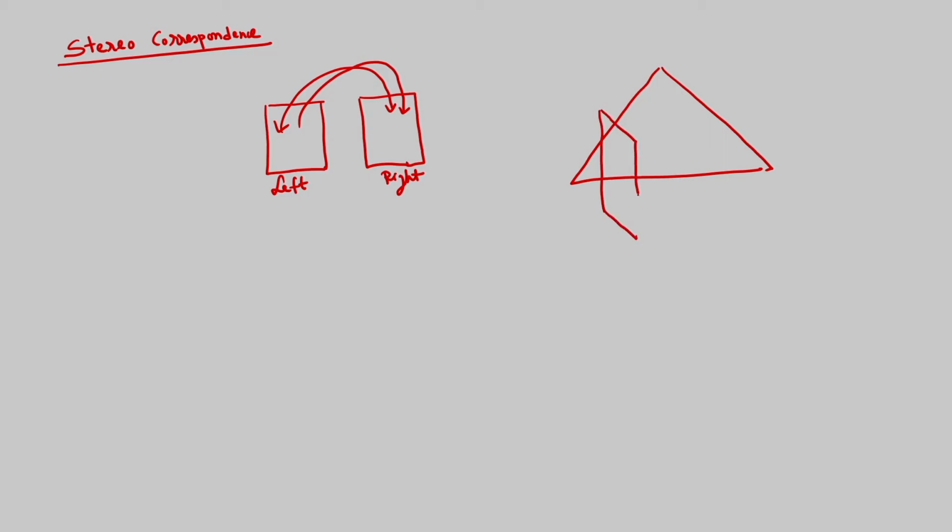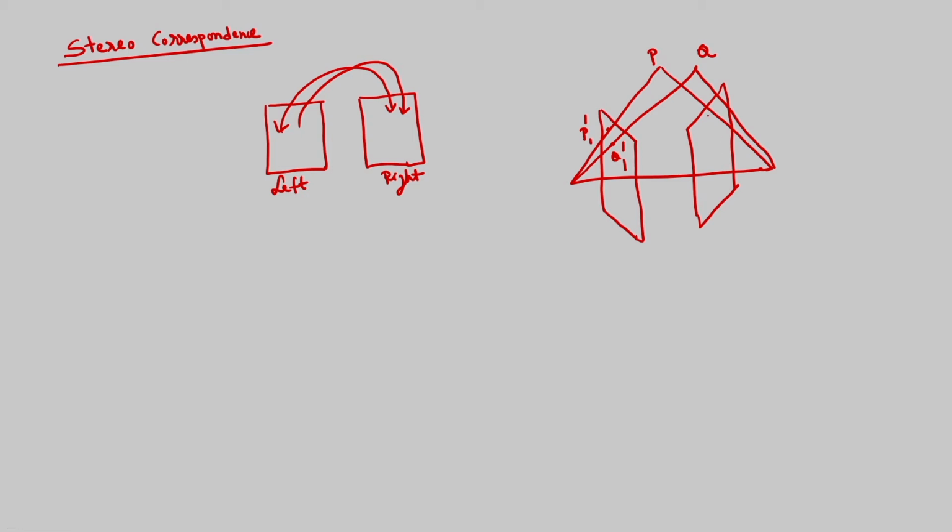So this is my left image and this is my right image. I have 2 points, suppose point P and point Q. Corresponding to the first point P, I have the projection P1 dash, and corresponding to the second point, I have the projection Q1 dash.